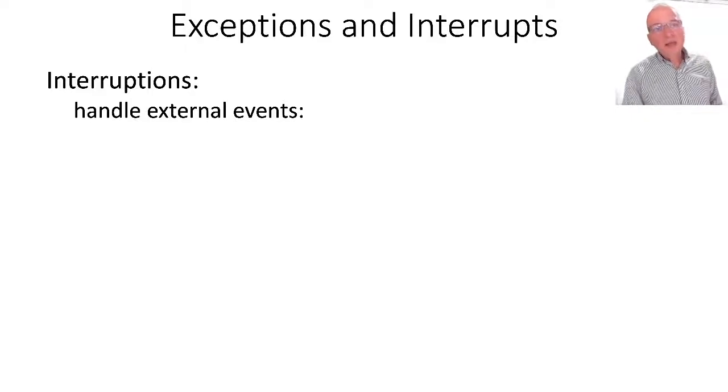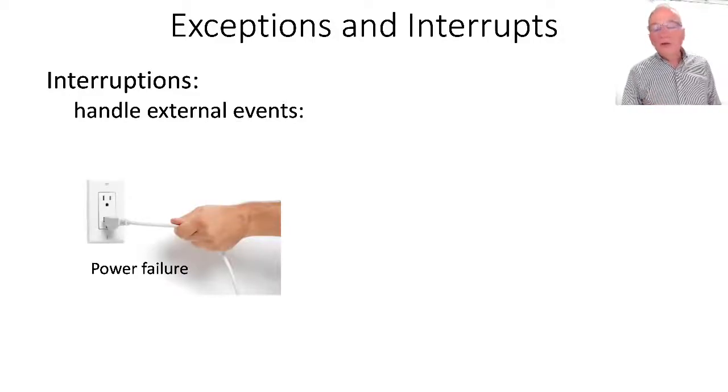Interruptions will be handling external events. For example, in many of the larger computers, desktop computers that must be plugged to the wall all the time because they do not have a battery like laptops do, in those computers, if I simply unplug the plug from the wall, I have a power failure because the computer has no battery.